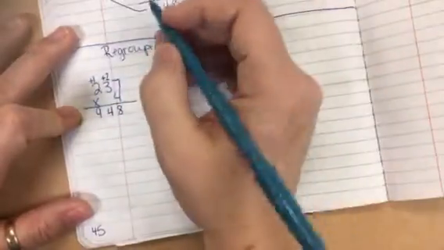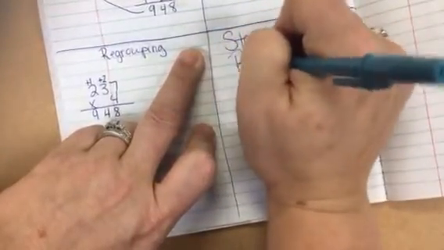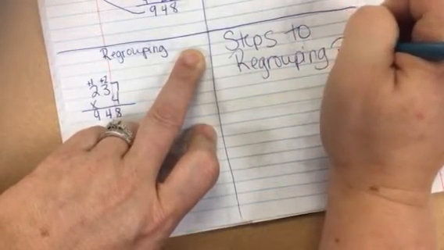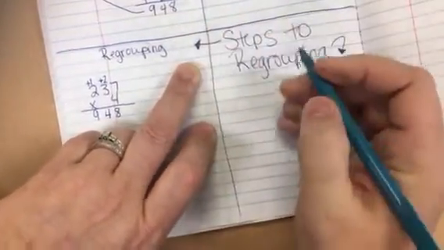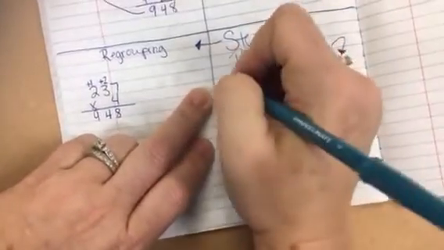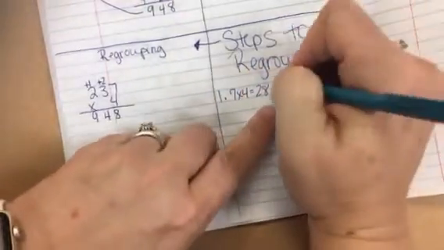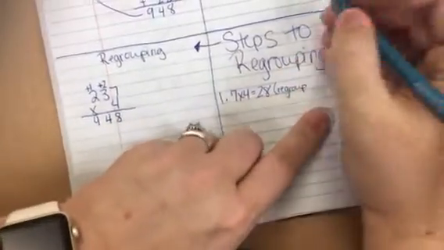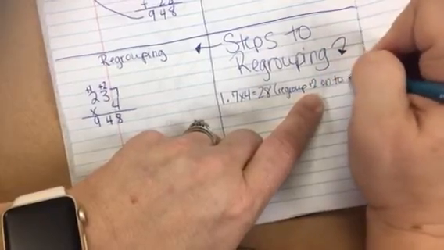So over here, we're going to do our steps, which is, okay, so 1, we're going 7 times 4, which equals 28, and I'm going to regroup 2 on 2 tens.